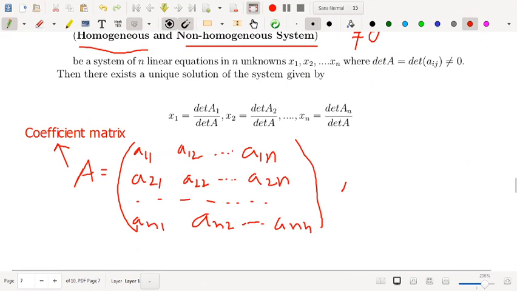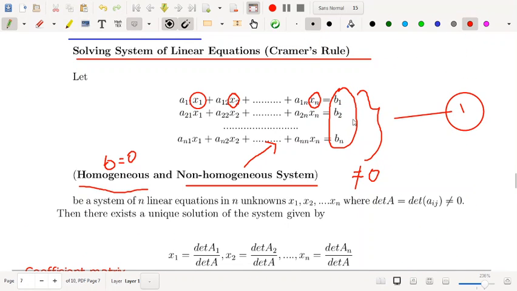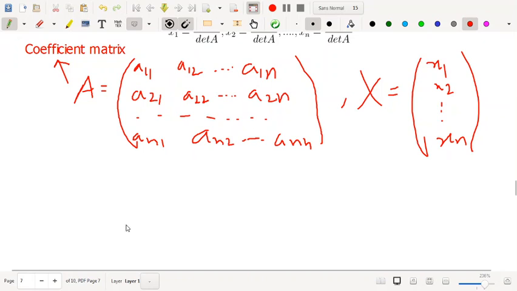And you have unknowns x1, x2, xn. So let me write the column matrix. You have already learned the column matrix. x1, x2, etc., xn. And on the right-hand side you have b1, b2, bn. That is another column matrix.